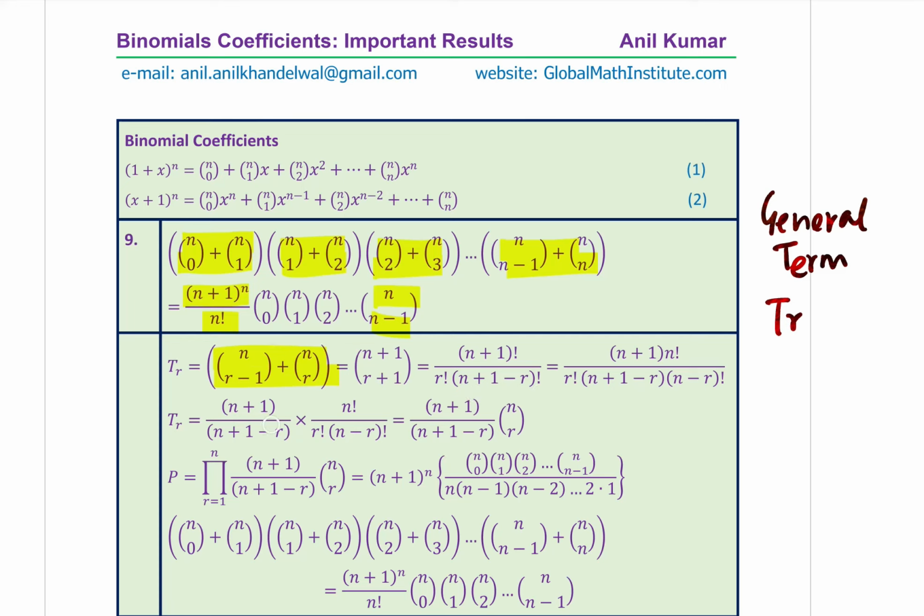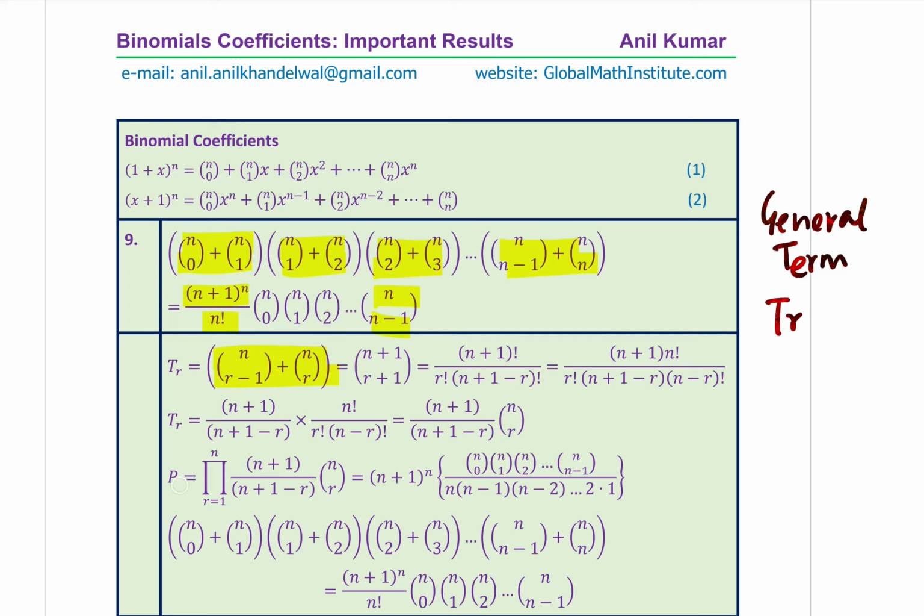Now this could be written as a product of two expressions: one, the value n plus 1 divided by n plus 1 minus r, and the other one in the factorial form, n factorial over r factorial times n minus r factorial. Now we have nCr as one of the factors in this, and the other factor is n plus 1 divided by n plus 1 minus r. So that is each individual factor.